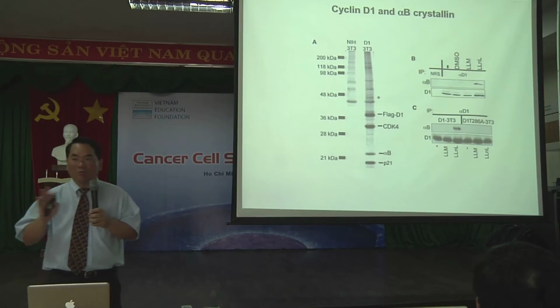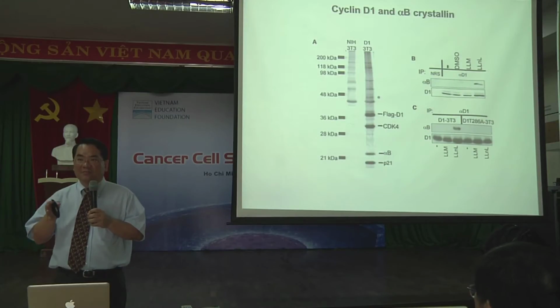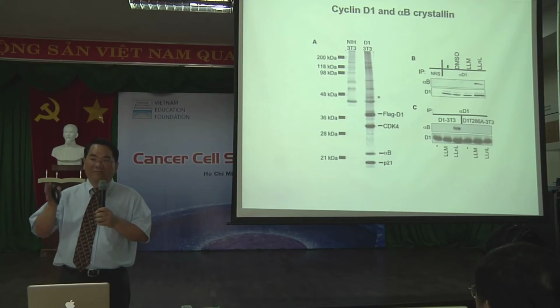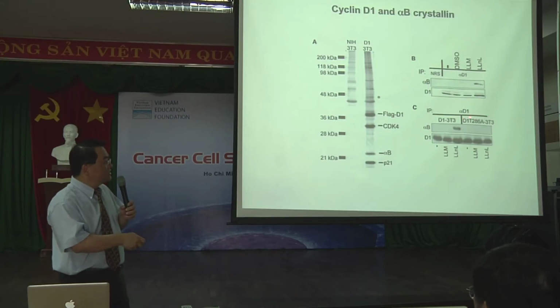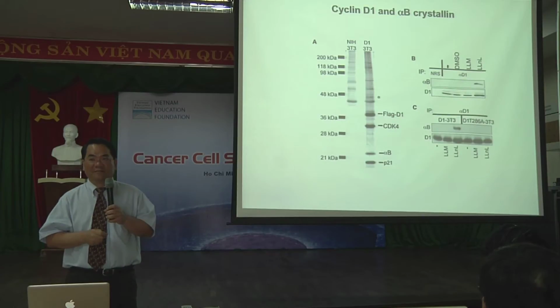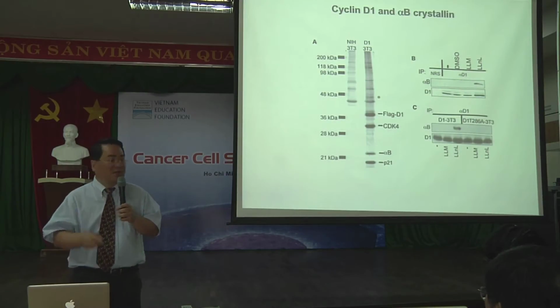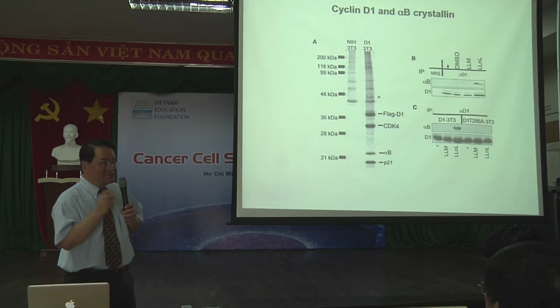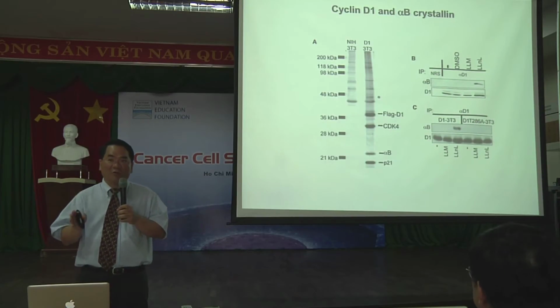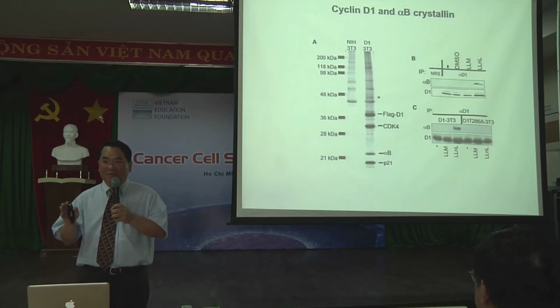There was no alpha B crystallin detected in the immunoprecipitation complex of the cyclin D T286A protein, suggesting that alpha B crystallin is not able to associate with mutated cyclin D1. It can only interact with wild type cyclin D1.